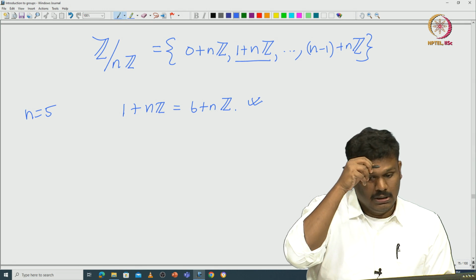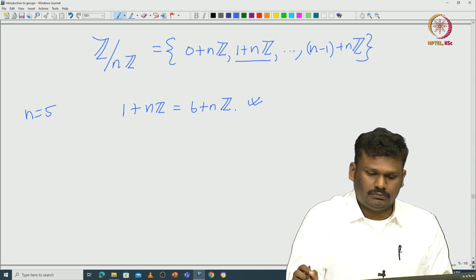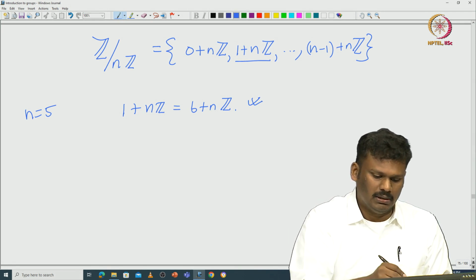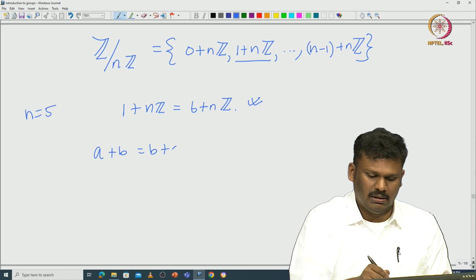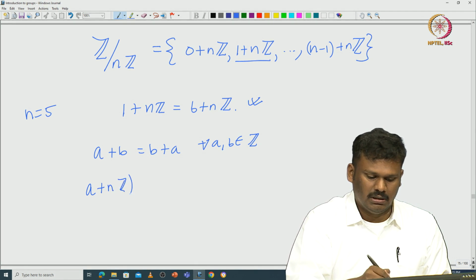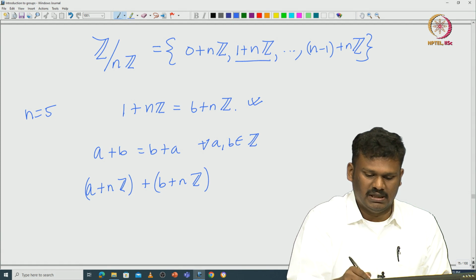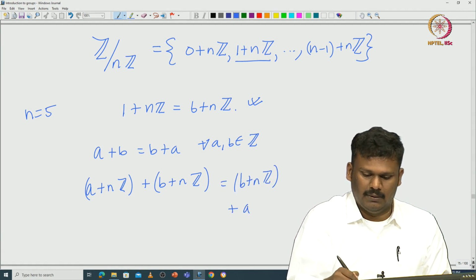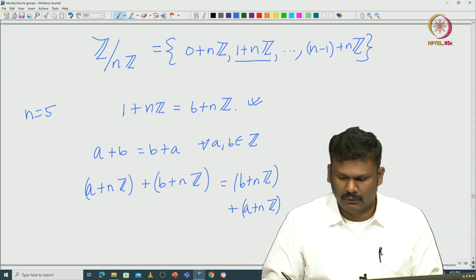Now we can see one more thing: this addition is also commutative, because a + b is the same as b + a for all a, b in integers. That means if I take (a + nZ) + (b + nZ), that will be the same as (b + nZ) + (a + nZ).